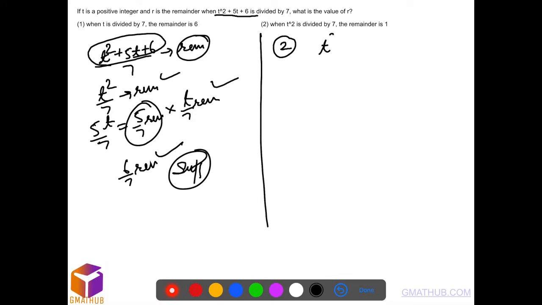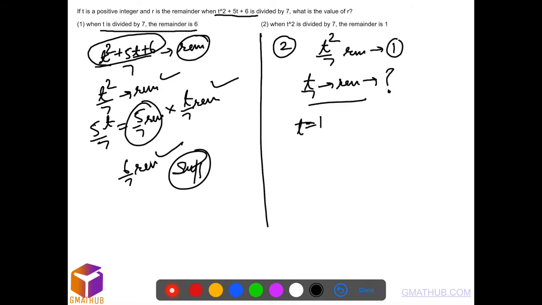Second, t square by 7 remainder is 1. Now again, what we need is t divided by 7, what is the remainder? That is the question. If we know this, we can find everything. Now if t is equal to 1, this condition would be satisfied, and t by 7 remainder would be 1. If t is equal to 6, still this condition would be satisfied.